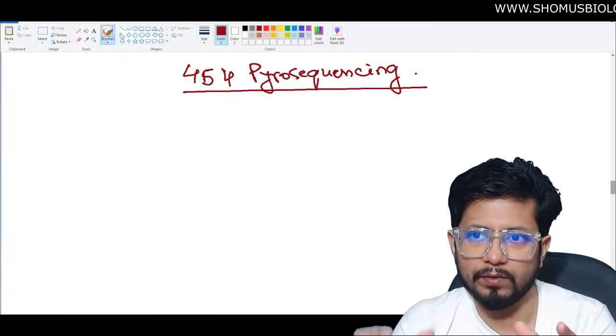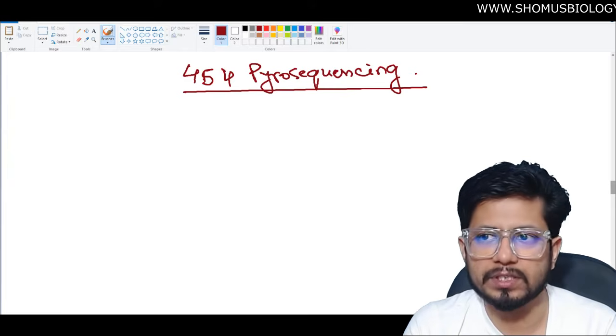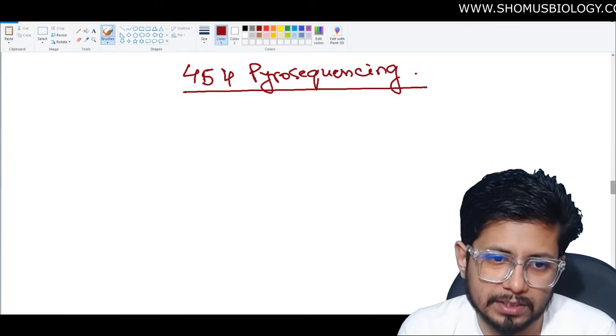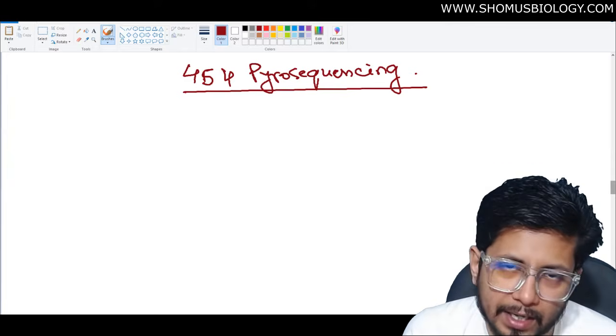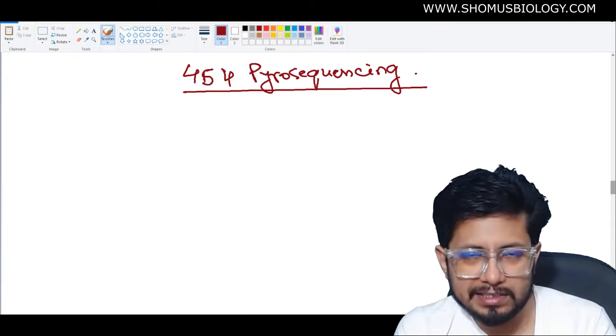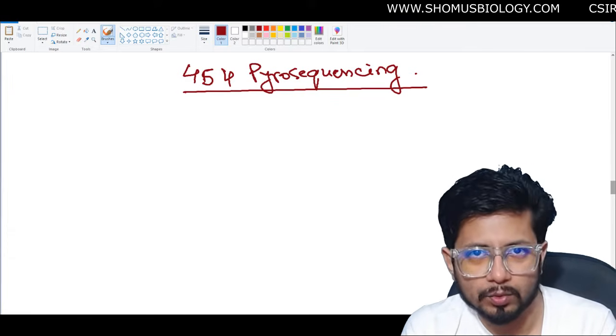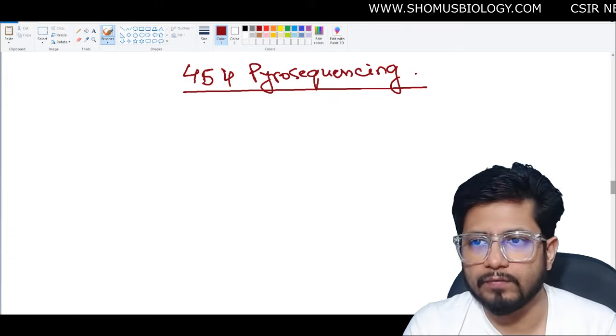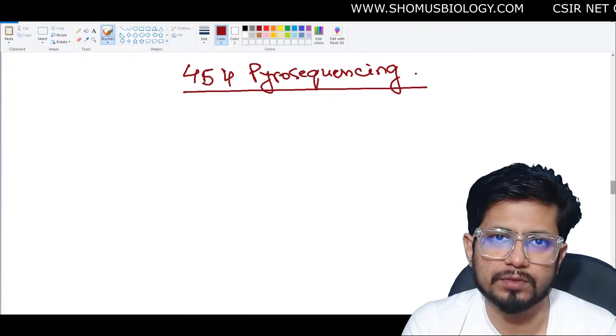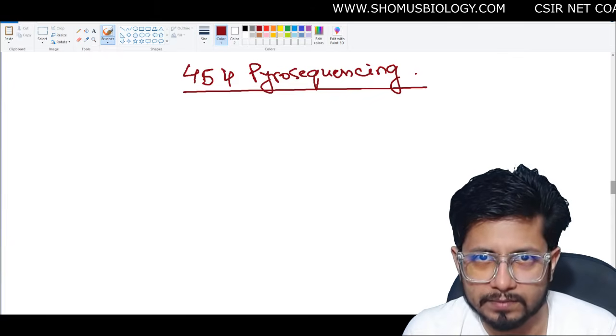Now, to give you a basic idea about it, 454 sequencing is an advanced mode of sequencing than the Sanger sequencing that we had. The Sanger sequencing is the easier mode and only to be applied for the DNA sequence up to 1000 base pairs long, while 454 sequencing can be used for sequencing bigger DNA segments.